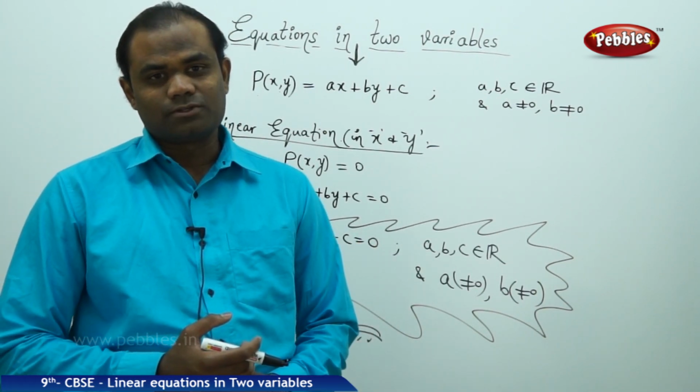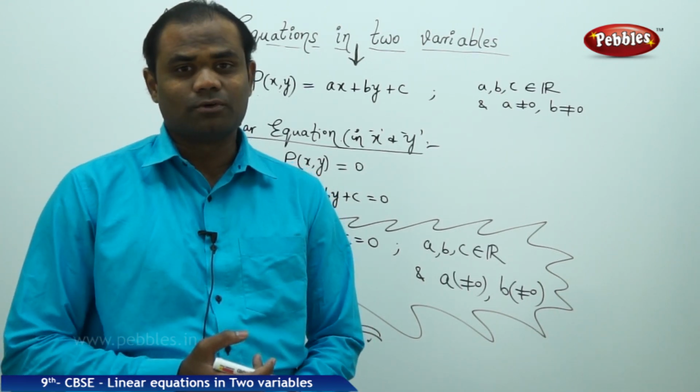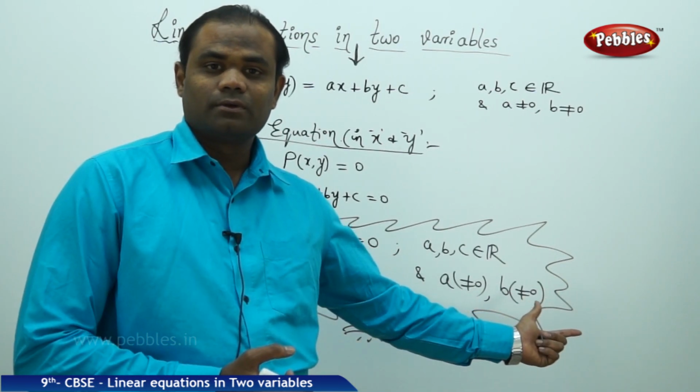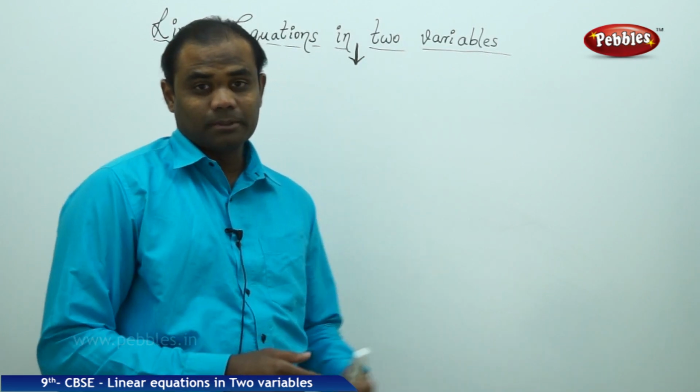Linear equation in two variables x and y: ax plus by plus c equal to 0, a, b, c belong to R, and a not equal to 0, b not equal to 0, is how I define it.